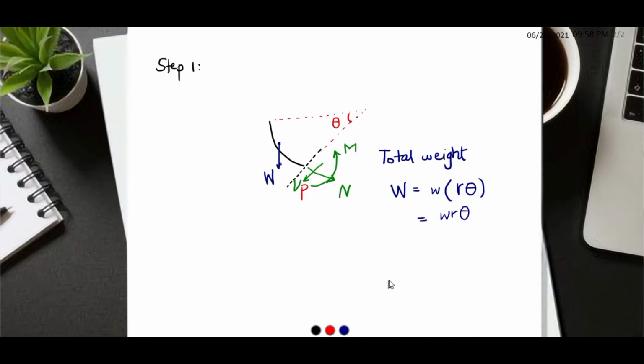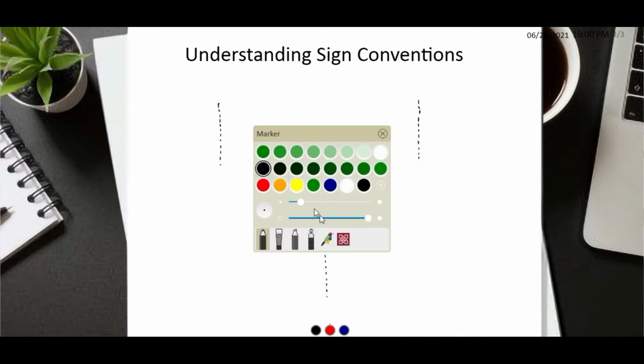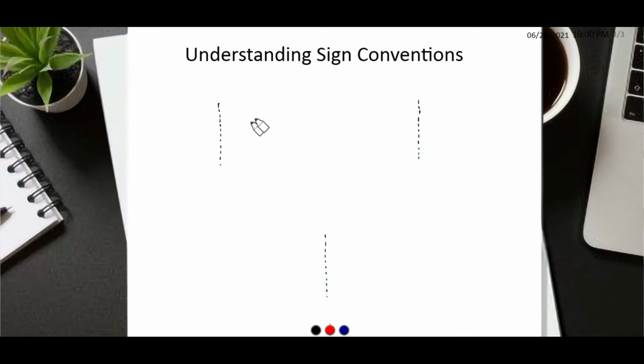Now let us discuss what the sign conventions are, so you can understand why I have represented them in these specific directions. These are section lines.